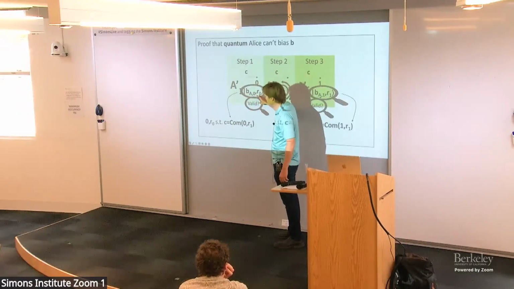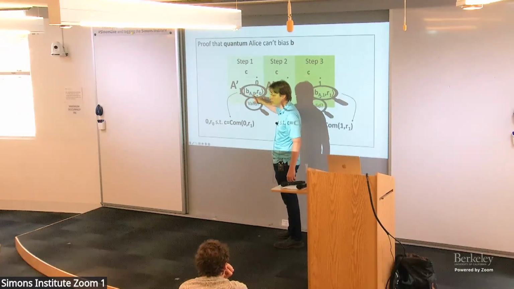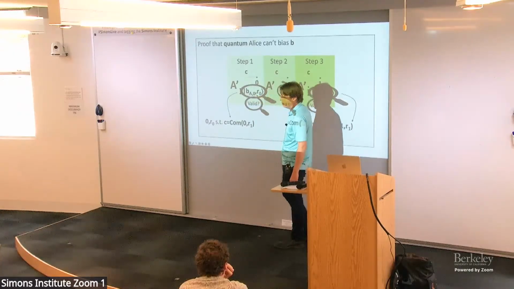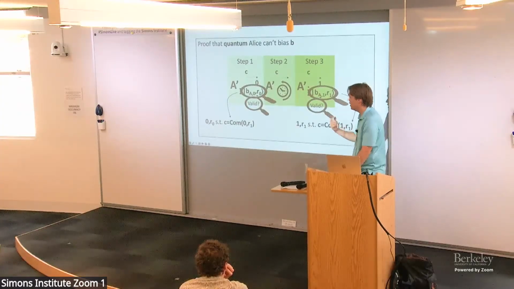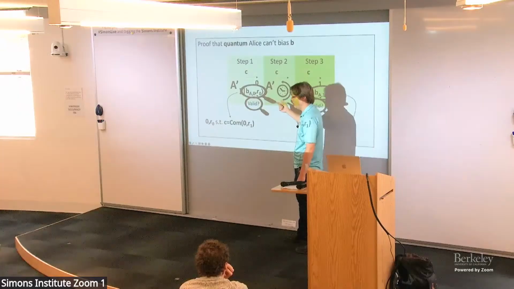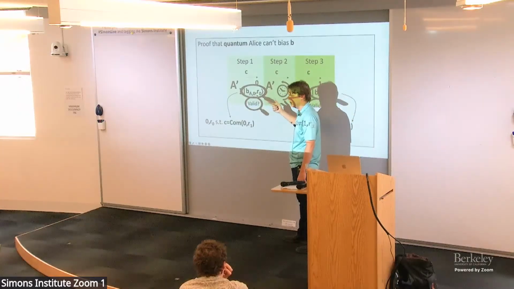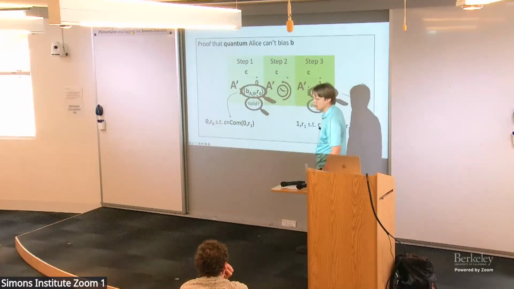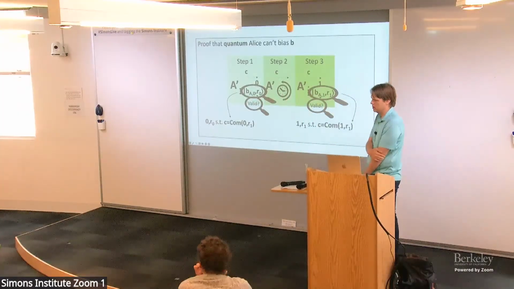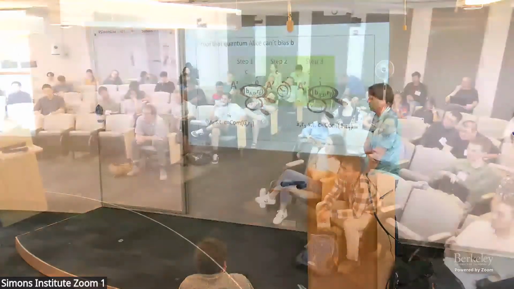If I don't measure R0 here, I only have the message, I won't have the opening. So you just need enough to decommit. You don't necessarily need all the randomness, but to violate the underlying binding of the commitment, I need the whole opening. R0 is like the opening. It doesn't have to be the actual randomness. Yeah, fine.